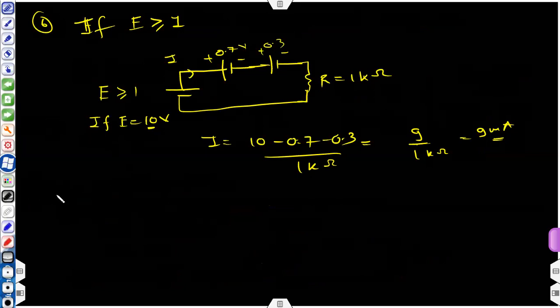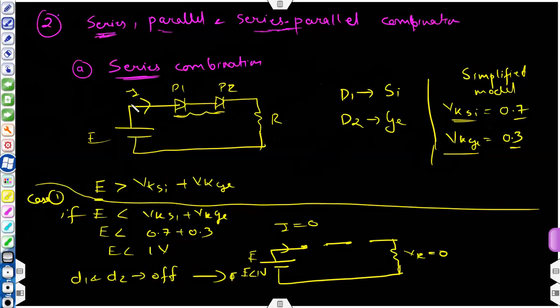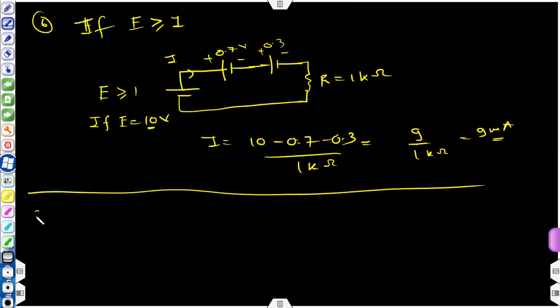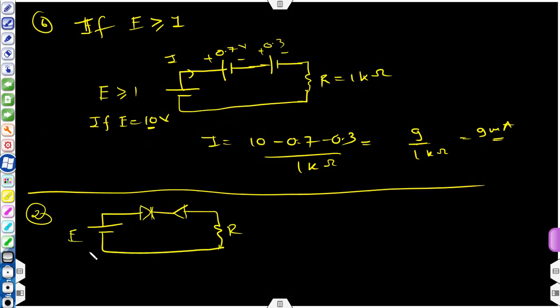Okay, so solving diodes in series is very, very easy. This was one of the possibilities that diodes can be connected in series in this way. The second possibility can be like this. Both the diodes are connected in opposite manner like this. This is R, this is E, D1, D2.